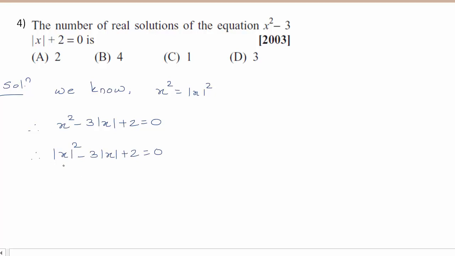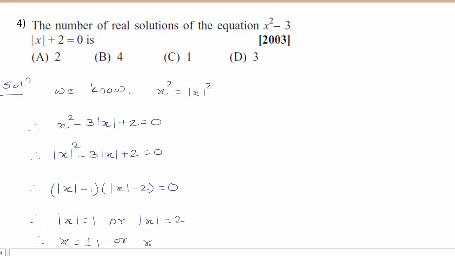Now assuming mod of x as a variable, let's say y, we can factorize this equation and it will become mod of x minus 1 into mod of x minus 2 is equal to 0. So mod of x can have value 1 or value 2. So x can have value plus minus 1 or plus minus 2. So the number of real solutions is 4.